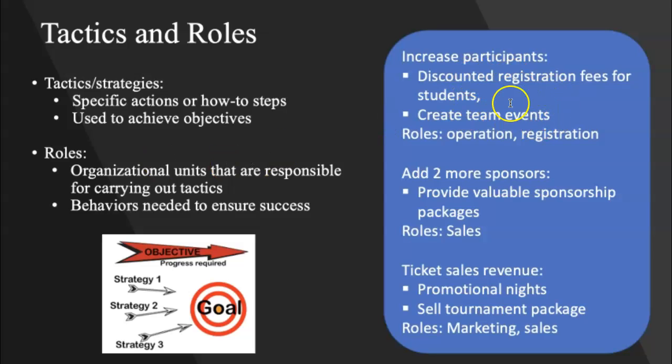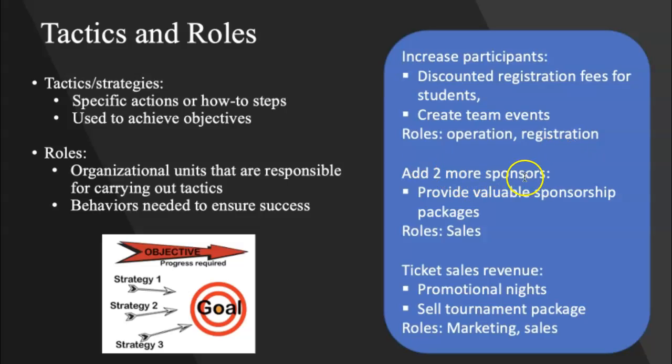What will be their strategy? The strategy to increase the participants will be to discount the registration fee for students and create some team events, so then we allow more people to sign up for this event, right? So who will be responsible for the related roles? Like the operation department and registration department, they will have to figure out the plan and implement the plan, right?